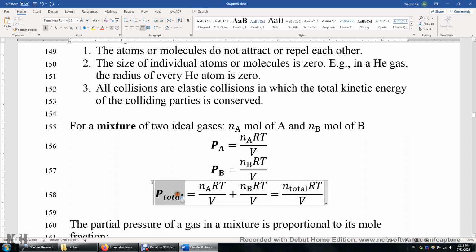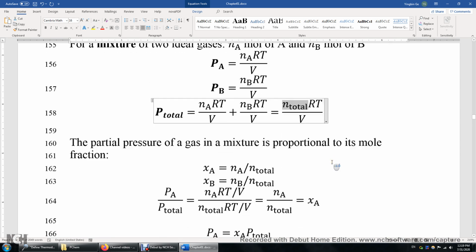And what's P total? That's the sum of the partial pressure of A and the partial pressure of B. It's equal to N total times RT over V. N total is the sum of the number of moles of A and B.